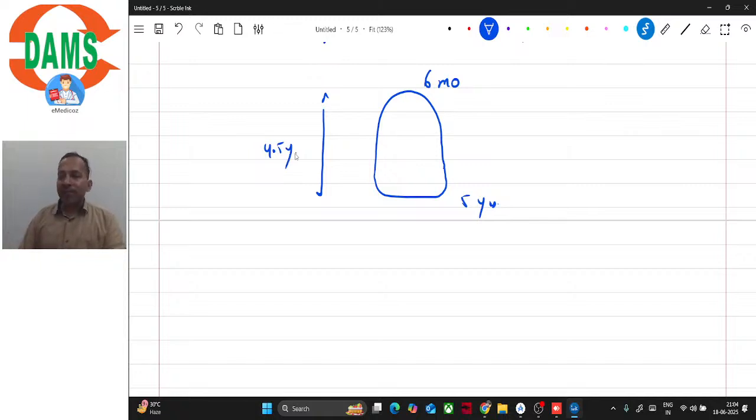The benefit of having this 4.5 years is that we can divide this tooth into 3 equal parts, and each part would represent 1.5 years in the development. So 1.5 plus 1.5 plus 1.5 is 4.5 years, so that way it becomes easier to calculate.